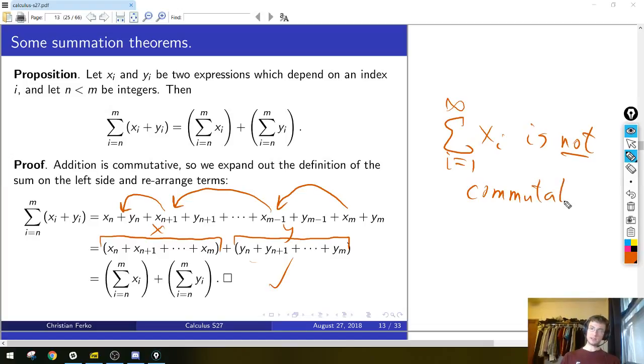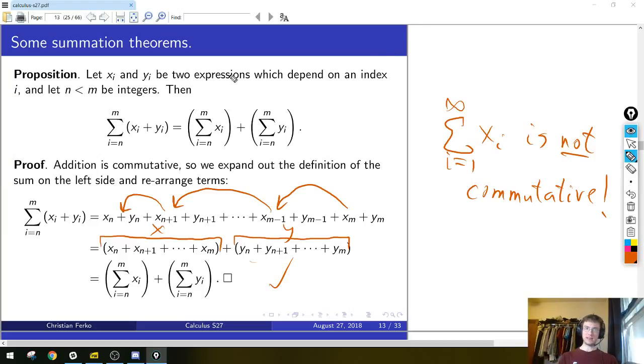This is very strange. If you're adding infinitely many things and you change the order in which you are adding them, you can get a different answer. This is very surprising. This is one of the great achievements of calculus, I think, to show why this is true and tell you under what conditions you are allowed to commute terms in an infinite sum without changing the answer.